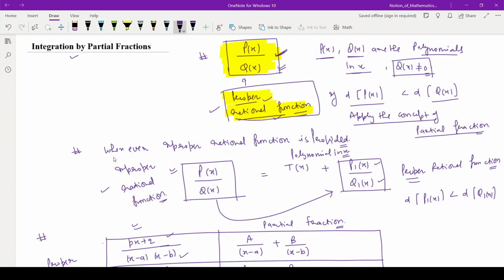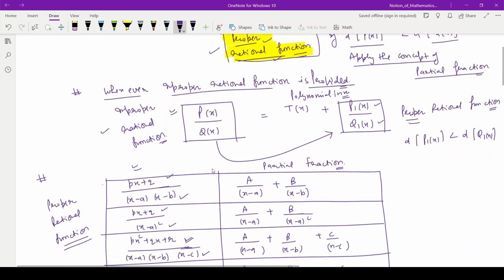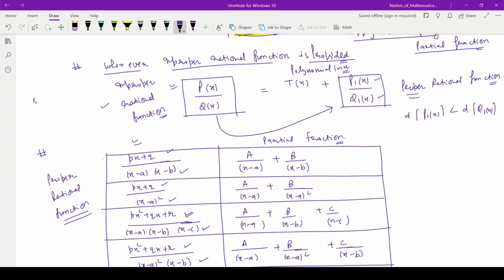But now students, whenever an improper rational function is provided, how do we deal with it? Then we will apply the concept of the long division process. By the long division process, I can write any improper rational function in terms of a proper rational function.